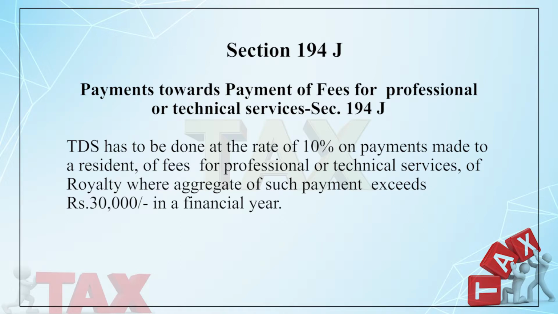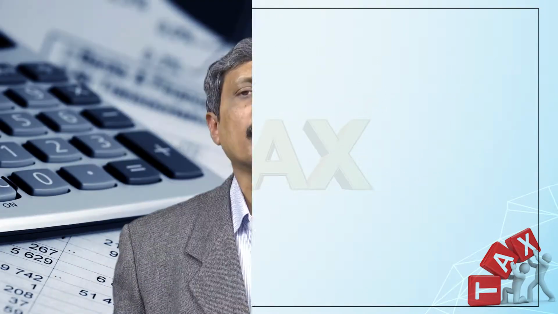This threshold limit says that if the amount does not exceed 30,000, you need not deduct tax. That means if one standalone small audit or a small certification by an architect is made, and he or she places a bill for, say, 10,000 for the entire year, only one bill, there is no question of TDS because it falls below the threshold limit.